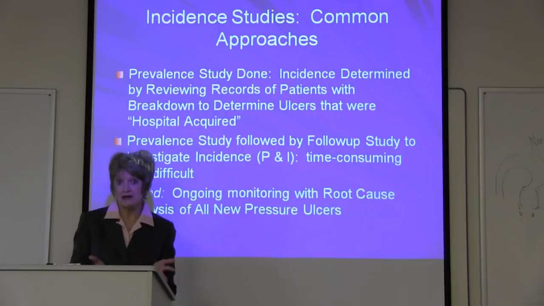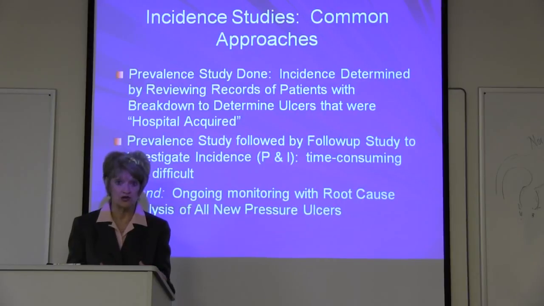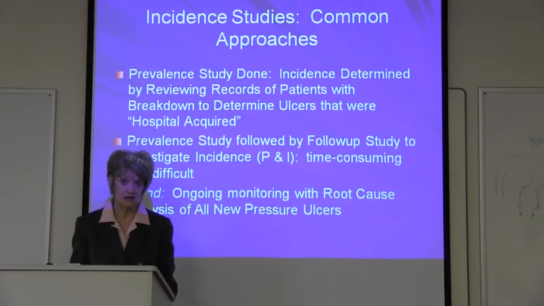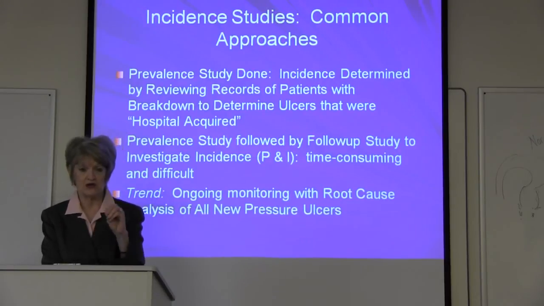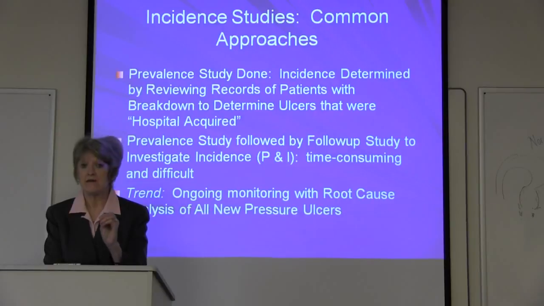If you're a magnet hospital or if you are pursuing magnet status, at this point in time you are required to do quarterly incident studies, prevalence incident studies. So you're going to do those 4 times a year. You're going to mobilize your teams and you're going to make the rounds and you're going to identify patients who have evidence of breakdown at the time of your survey.